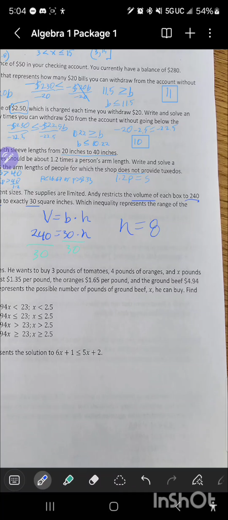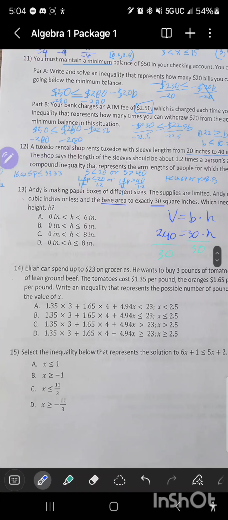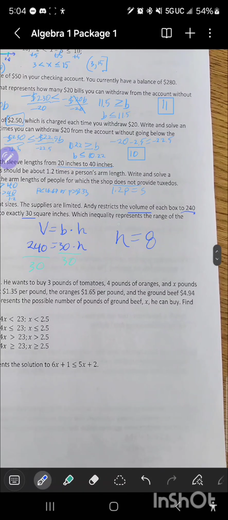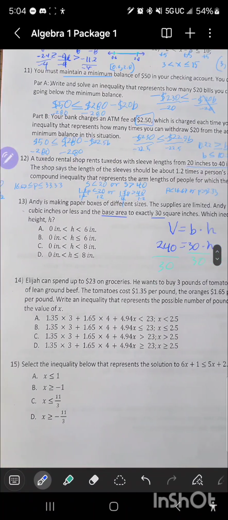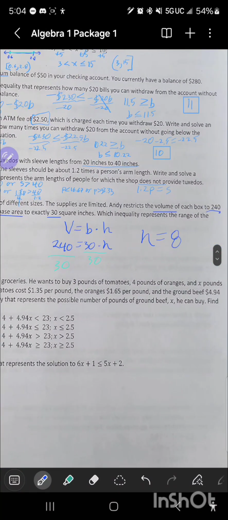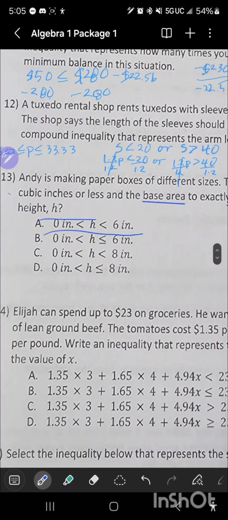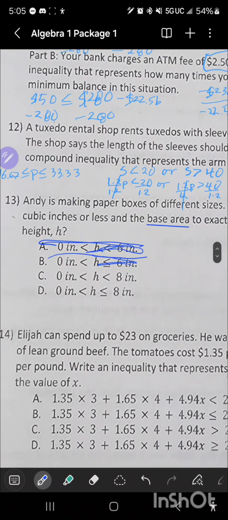Now, which inequality represents the range of the height? Basically, it says that Andy restricts the volume of each box to 240 or less. So it can be 240. So these are discarded because we got 8 in the answer, not 6.